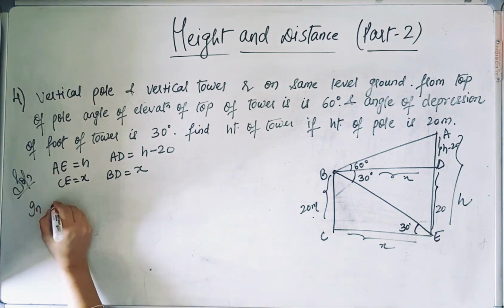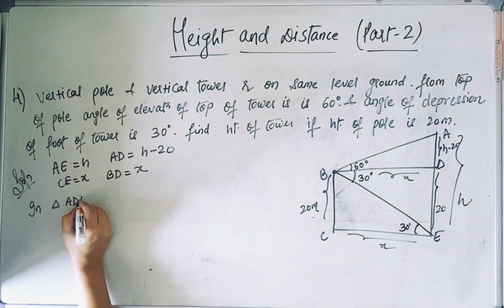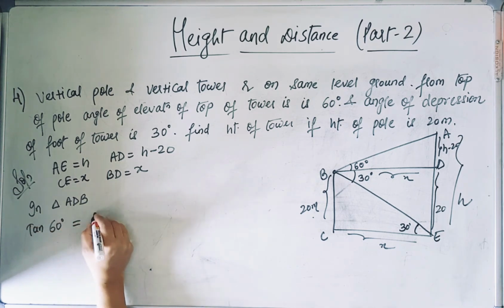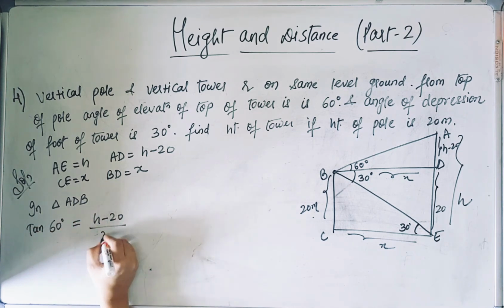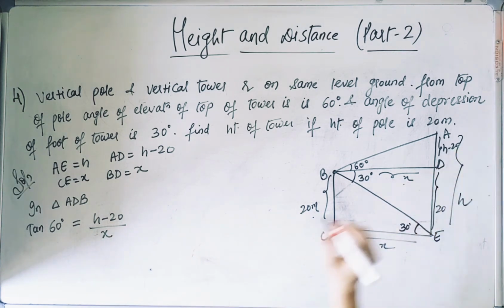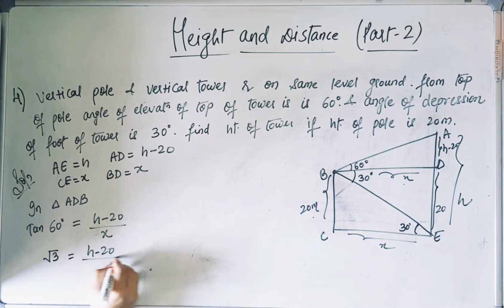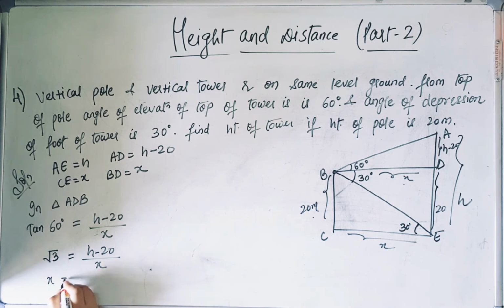Now in triangle ADB, tan 60 is h minus 20 by x, perpendicular by base. Tan 60 is root 3, so root 3 is (h minus 20) by x. So we'll get x is equal to (h minus 20) by root 3.